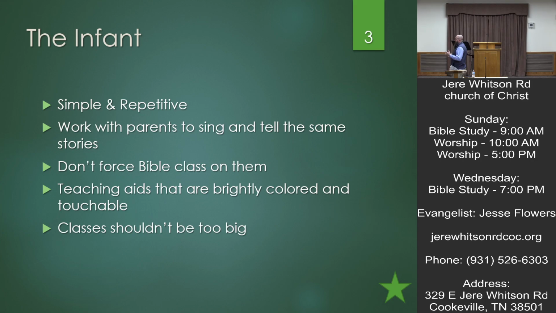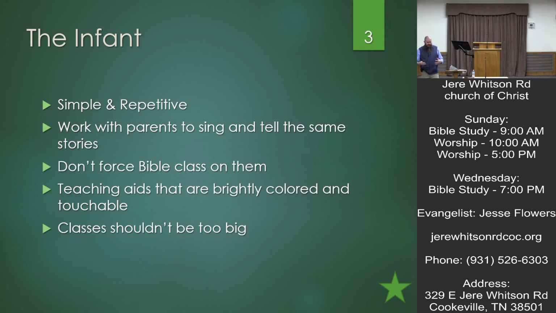So he talks about the infant, simple things, repetitive things. I don't know who originally set this up, but the way that we do it I think is great, where we've got like 6 or 7 tubs of stories. I know we've got Moses and we've got Jesus, and so we'll get a tub out with the kids and we'll do that story for maybe a month. So it's repetitive, even during class.